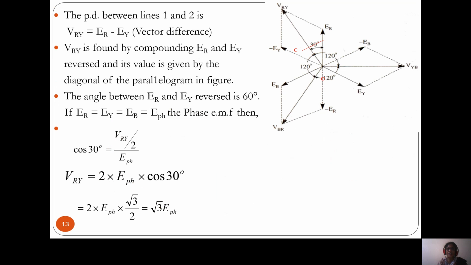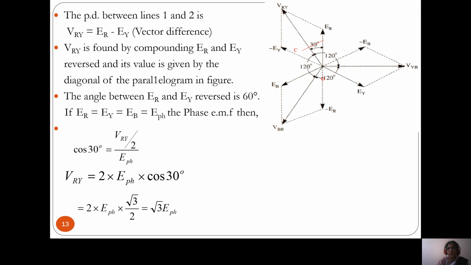From this phasor diagram, we have to represent the phasors. The potential difference between lines 1 and 2 is VRY equal to ER minus EY.